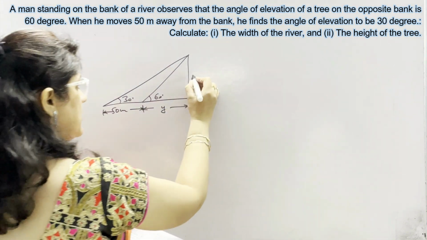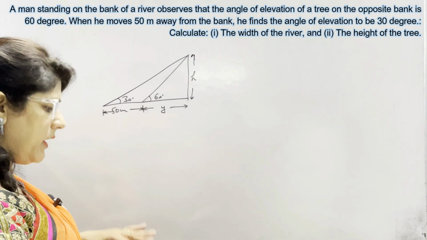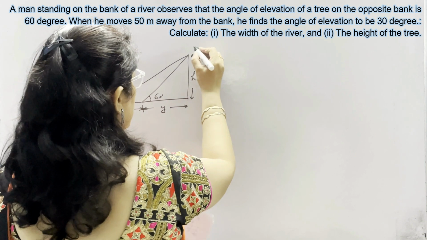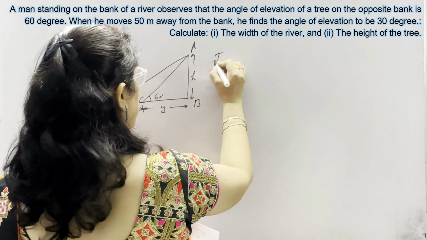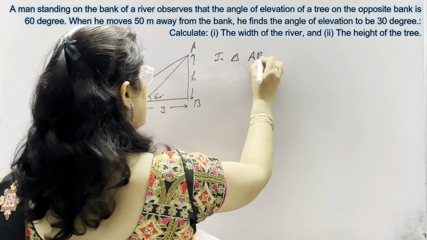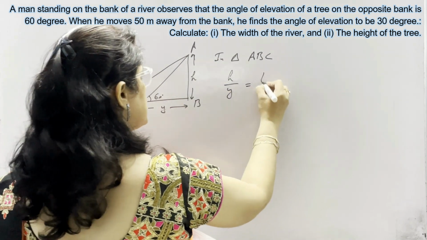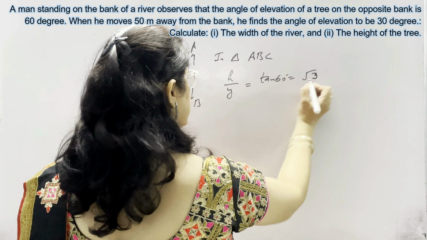So h is the height of the tree. We need to calculate the width of the river and the height of the tree, both parts. So first we are going to take triangles A, B, C and D. In triangle ABC, h upon y is tan 60 and the value is under root 3.